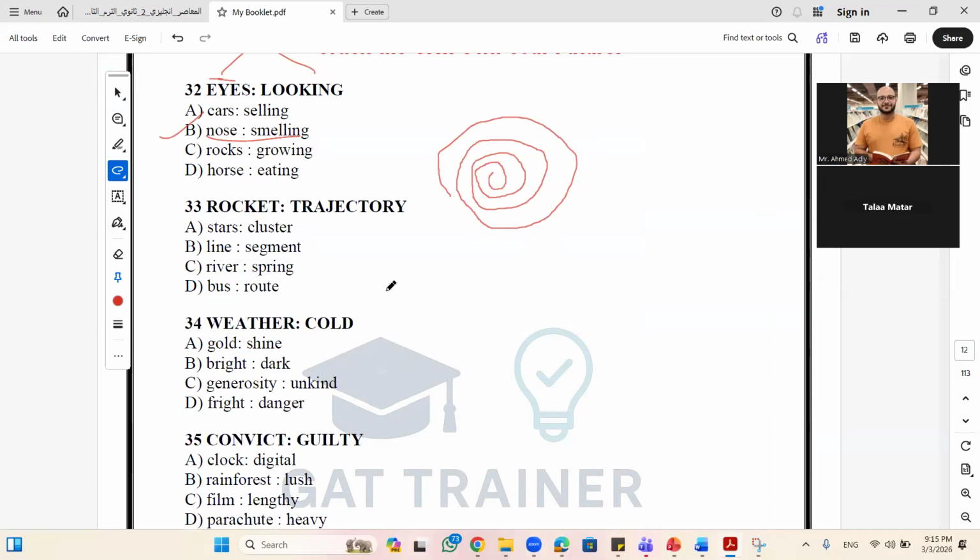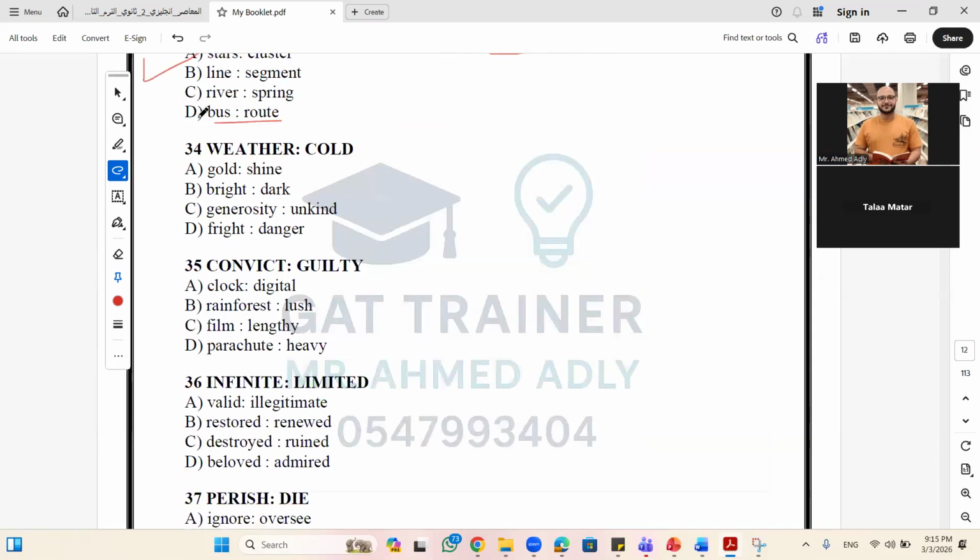Is it bus and route? Perfect. Weather and cold. This is one characteristic of the weather. Gold and shine. Perfect. Golden shine.